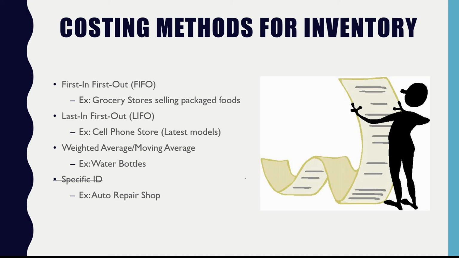When a car comes in to get something fixed, like a transmission, a water pump, an oil change, or a tire, the owner of the auto repair shop has to hold some kind of inventory to manage each part, because you're not going to have a universal car part that's compatible with every single car.